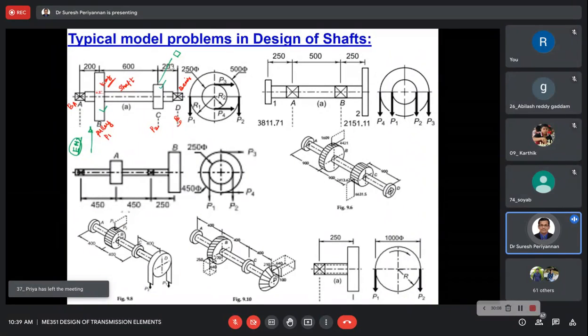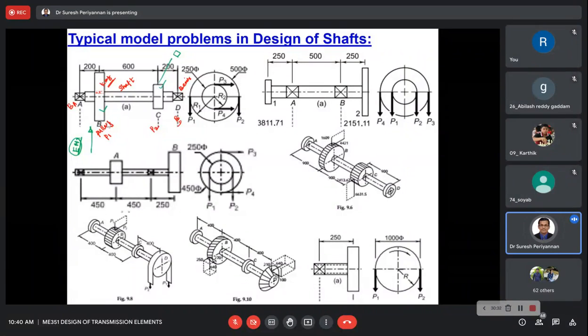Hence, now we are going to discuss this. It looks like a simply supported beam. I think you studied in the strength of materials subject the simply supported beam: how to find the reaction calculation, the shear force diagram, the bending moment diagram, how to find the shear force and the bending moment.